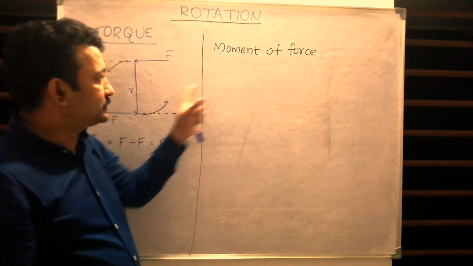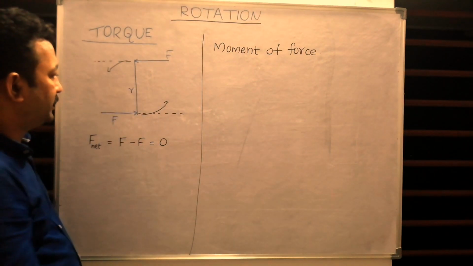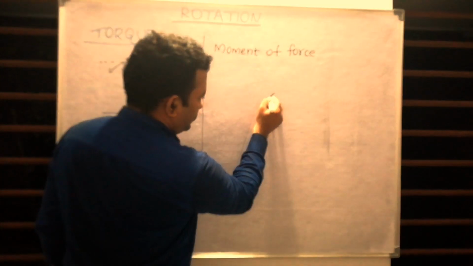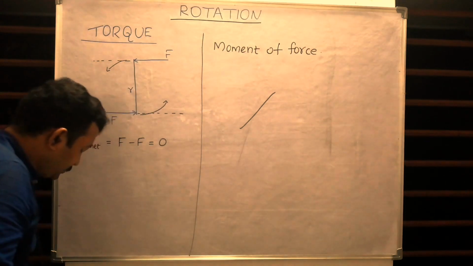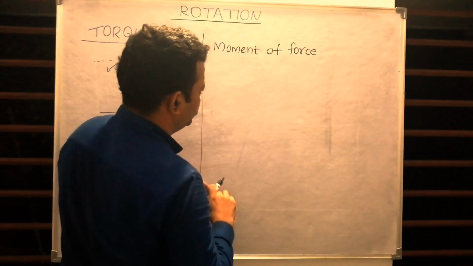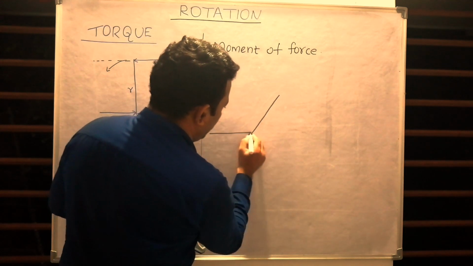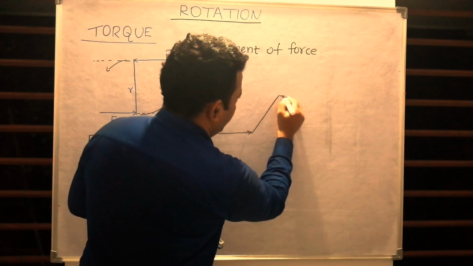In order to understand this concept mathematically much more clearly, I am making another diagram. Suppose the object was kept like this at a particular angle, and one force is acting over here, F, another force is acting over here.